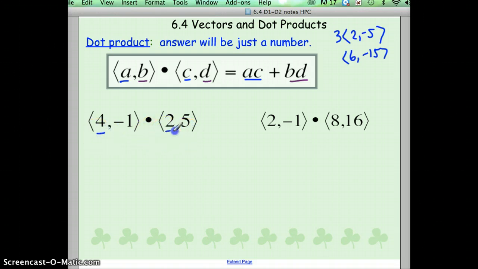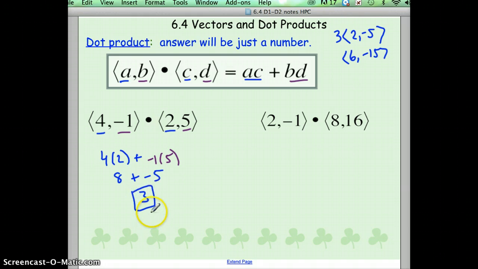I take the two x components and multiply them together, then I take the two y components, multiply them together, and then add them up. So I'll have an 8 plus a -5, and those two together will make a 3.